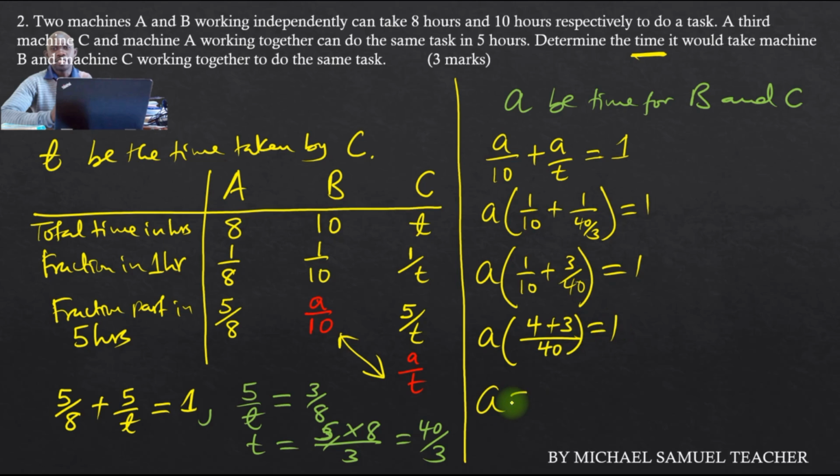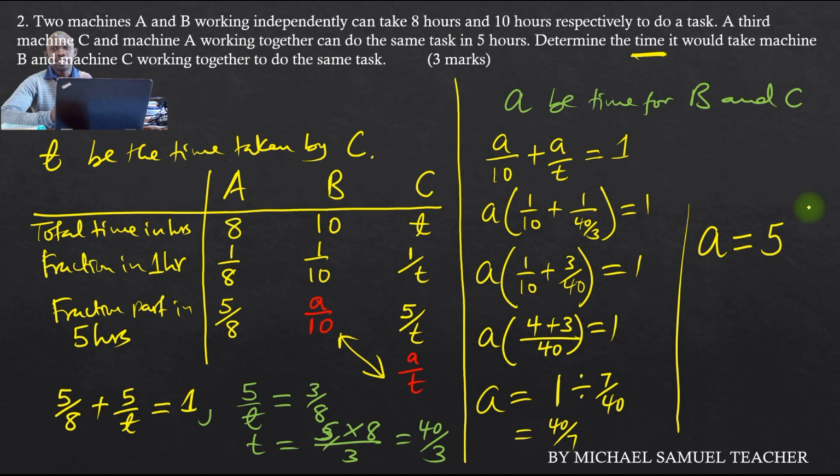So A is equal to 1 divided by 7/40, which will end up being 40/7, and that's actually what we want. 7 goes 5 times with remainder 5, so it will take 5 and 5/7 hours.